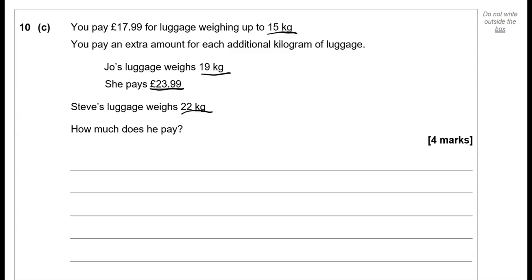So looking at Joe's luggage, that weighs 19 kilograms, which is 4 additional kilograms. So 19 take away 15 gives us 4. So for the first 15 kilograms, that would be £17.99, and the rest will be for the additional 4 kilograms.